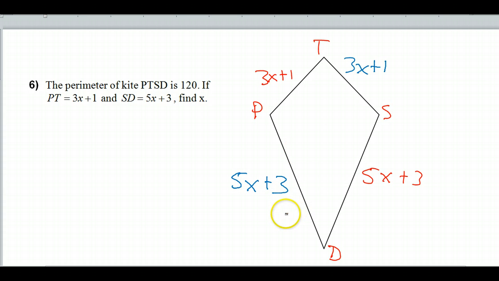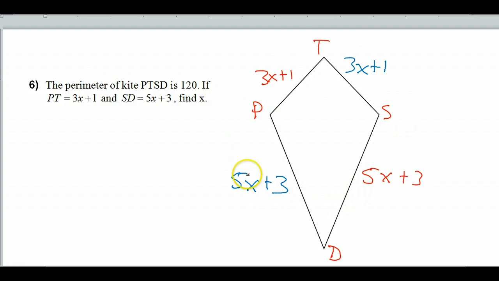That's all I really know. Could PD have been the 3x plus 1? Do I know that the 3x plus 1 really goes there instead of here? No, I don't know. I could have put the 3x plus 1 over here. I don't know exactly how these letters go. But as far as finding x, it doesn't matter, because the point is that the perimeter is 120. Now, what does perimeter mean?